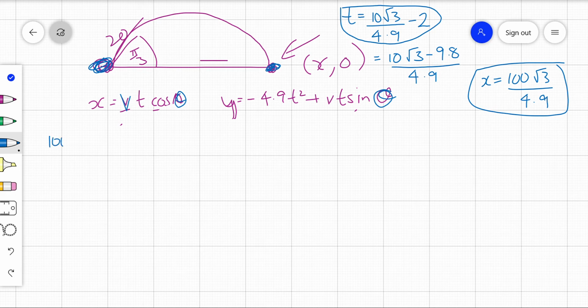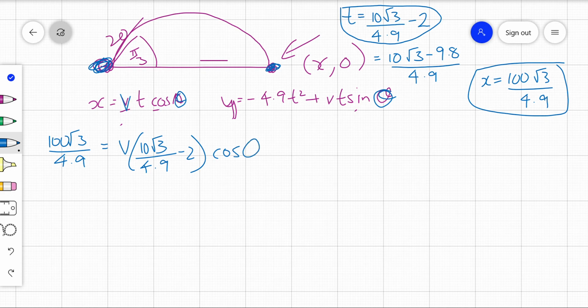So I've got 100 root 3 on 4.9. I don't know its v, but I do know its t. So I've got v, t, all that t business, and I don't know its angle. So I've got that as one of my equations. Let's leave that one there. If I look at my y equation, I make my y value 0, because I'm subbing that point in.